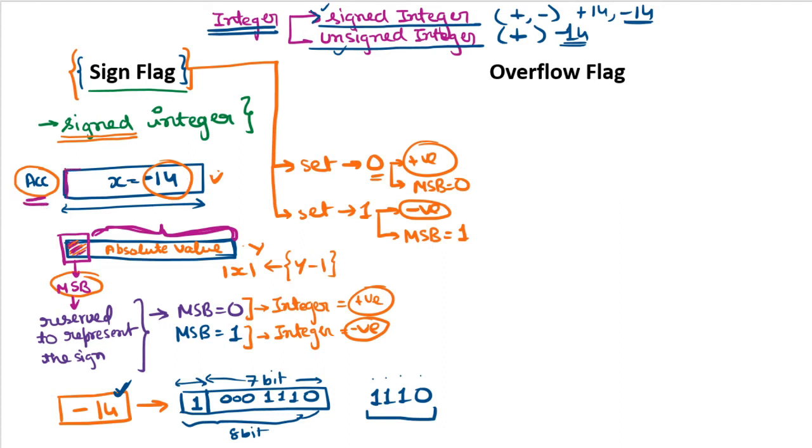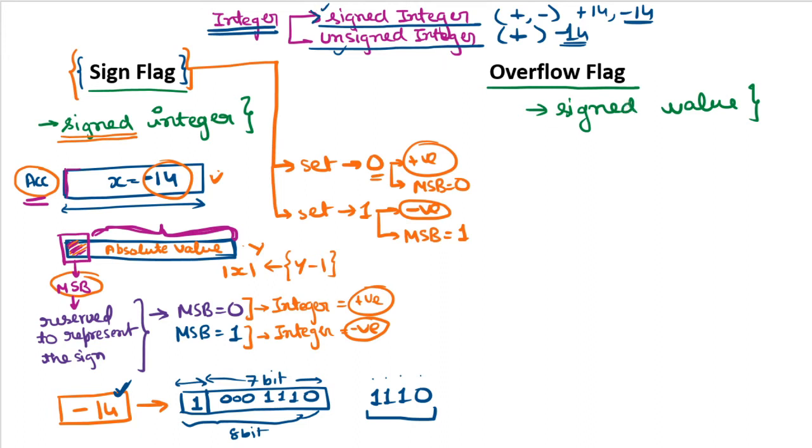The last flag that we will discuss here is the overflow flag. Similar to the sign flag, the overflow flag will also be relevant only when the value present in the accumulator register is a signed integer. Both the sign flag and the overflow flag are relevant only when the value stored inside the accumulator is a signed integer.